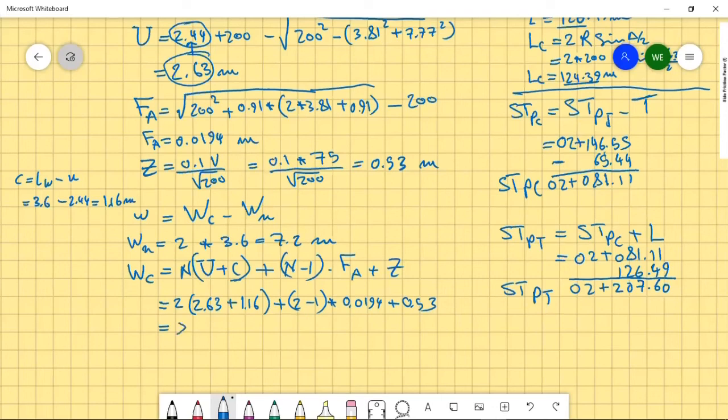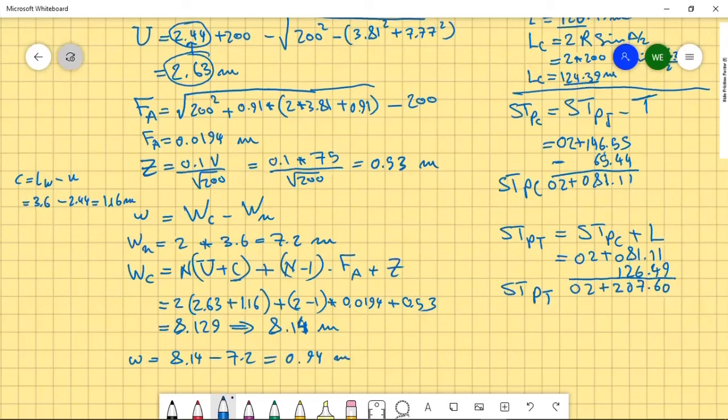So this will be 8.129, we take it as 8.14 meters. So W equals 8.14 minus 7.2.